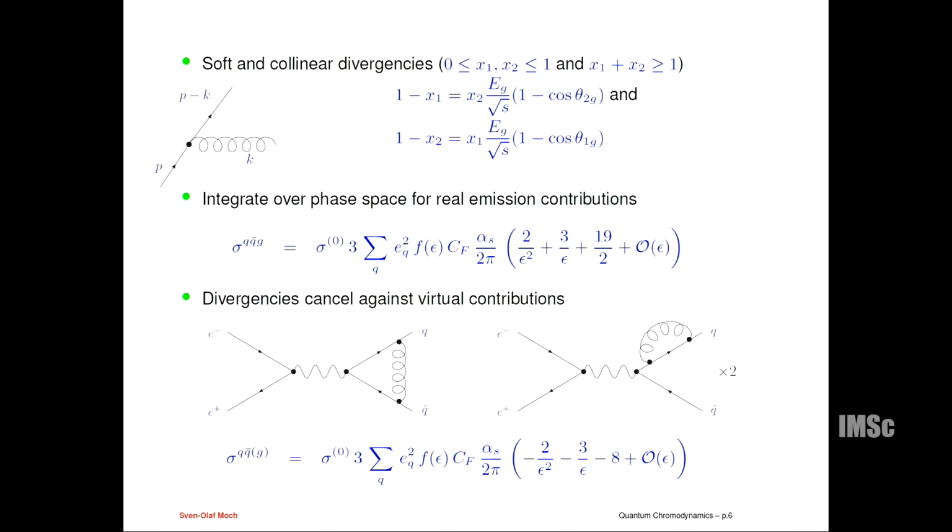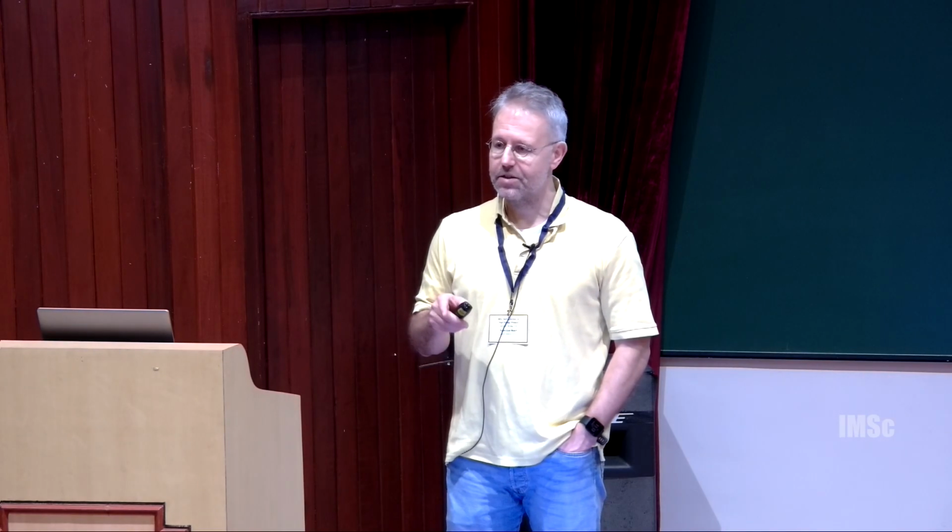If you do the same computation here, which I haven't done, with massive quarks, coming back to that comment, then you will see that the singularity structure is different, because you will still have a soft singularity, so there will be one 1 over epsilon pole, but then the collinear singularity will be screened by the heavy quark mass, and instead you will have a logarithm of the heavy quark mass, and this would be one unique way of separating soft and collinear singularities.